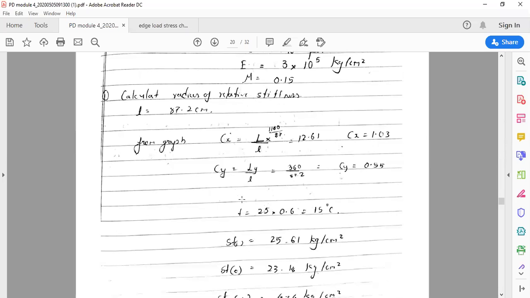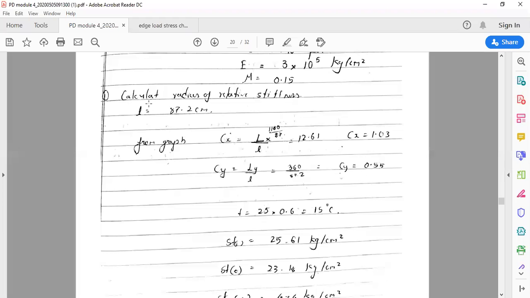First we need to calculate the radius of relative stiffness. We have the relative stiffness equation, l equals E h cube divided by 12 K into 1 minus mu square, whole raised to 1 by 4. Using that equation, I have directly found this value, which comes to 87.2. This value is not given in the question.